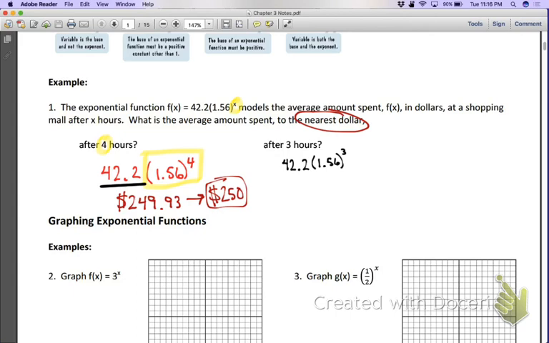I take 1.56 to the 3rd power, so that's 3.796416, multiply that by 42.2, and end up with $160.21. If we round that to the nearest dollar, I'm really just looking at $160.